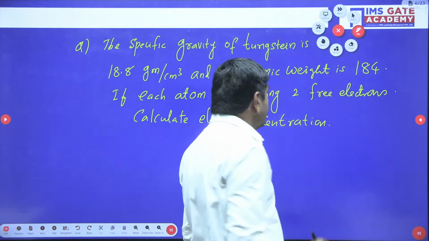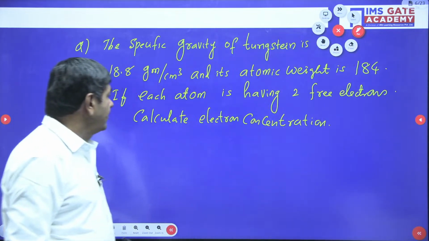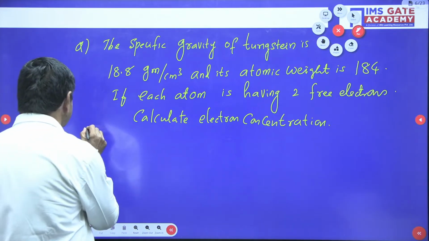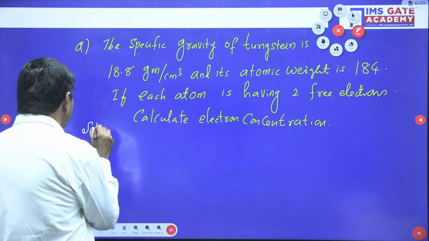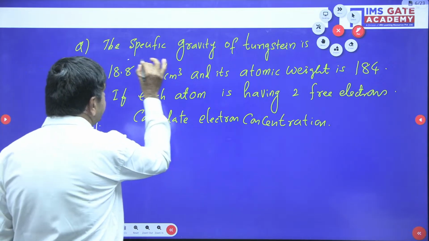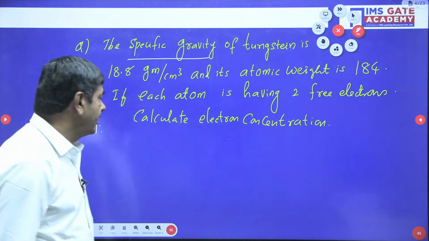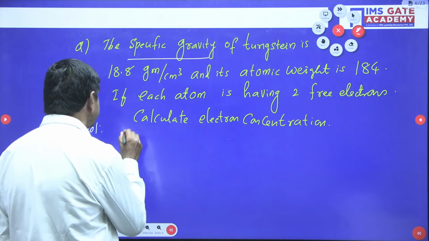Watch what is given in the problem and what is asked to find. First I will note down the data. The specific gravity of tungsten is given. The specific gravity can also be called density.